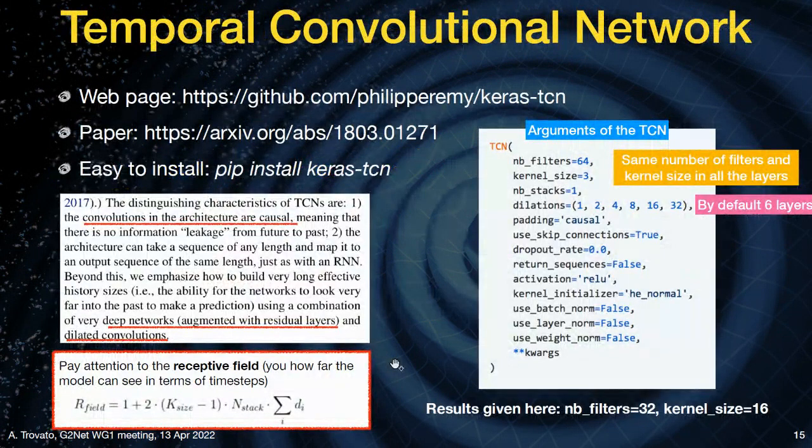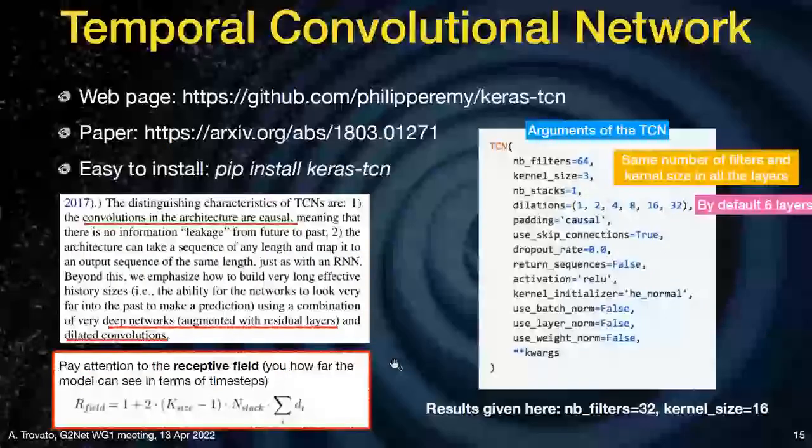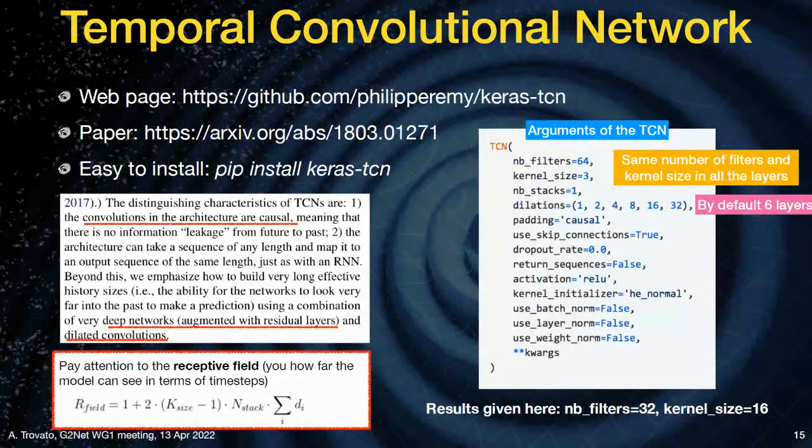This TCN is very easy to install. There is this paper that describes it. And the idea is that they use causal convolution, so the convolution happens only back in time.